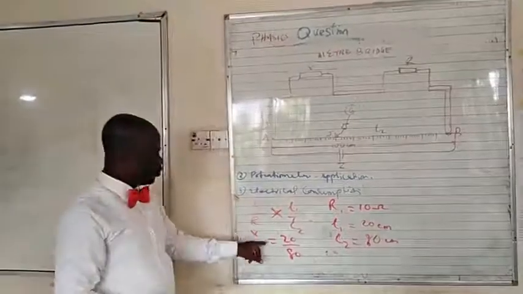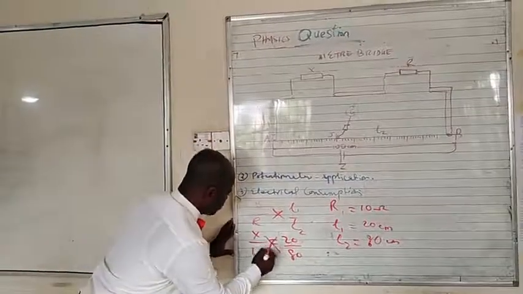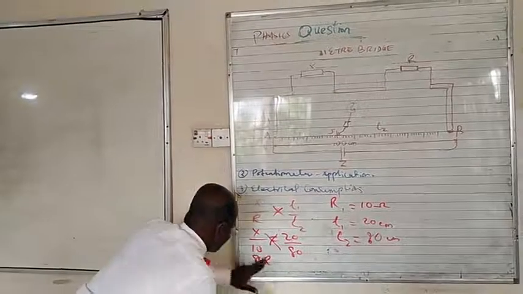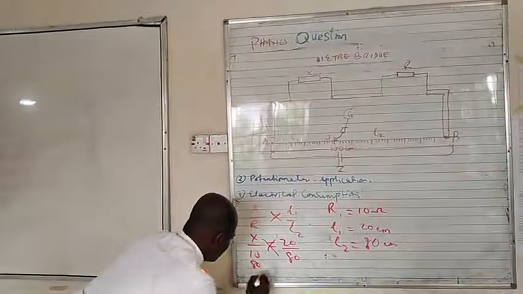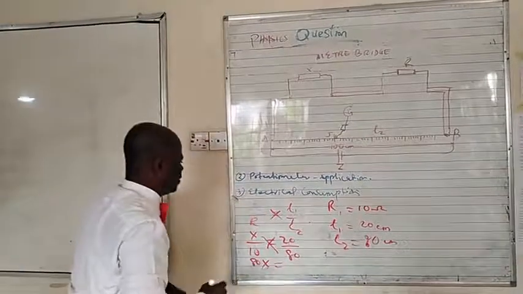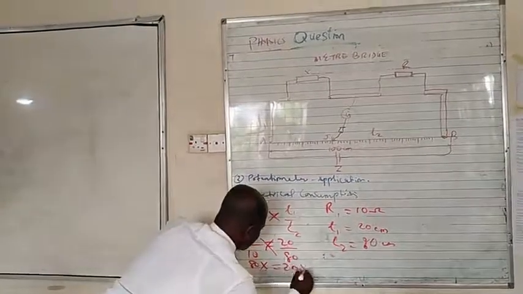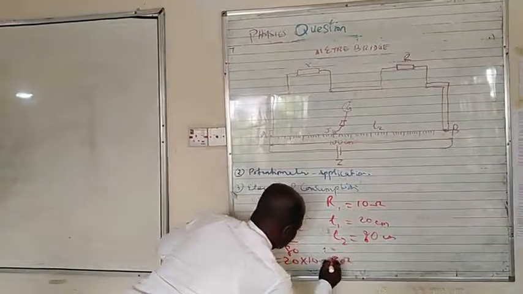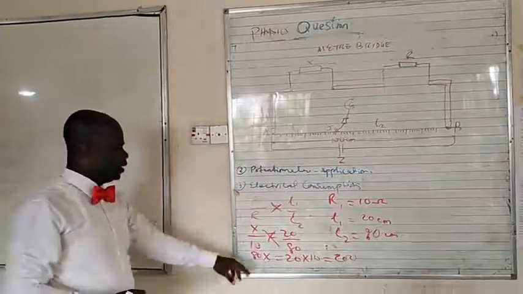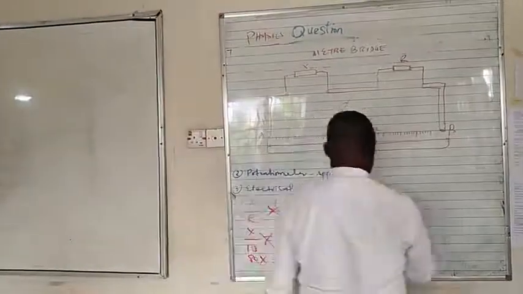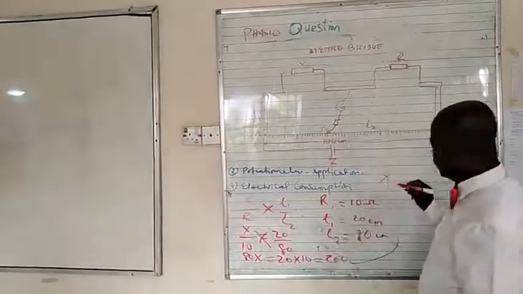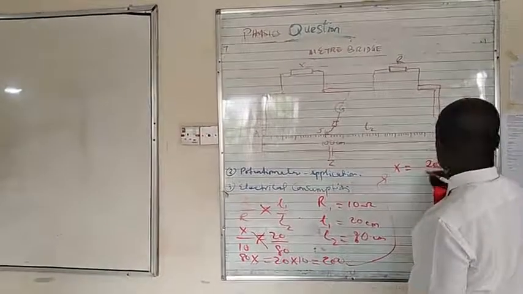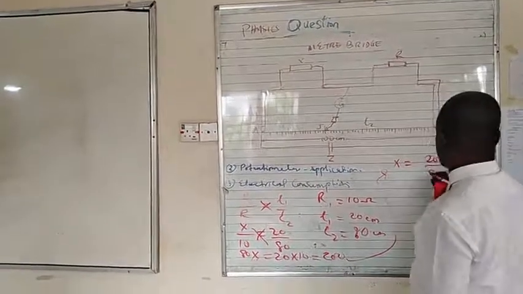Now, we must cross multiply this. If we cross multiply, we have 80X is the same thing as 20 times 10, which is equivalent to 200. Now, the value for X alone from this equation will give you 200 divided by 80.